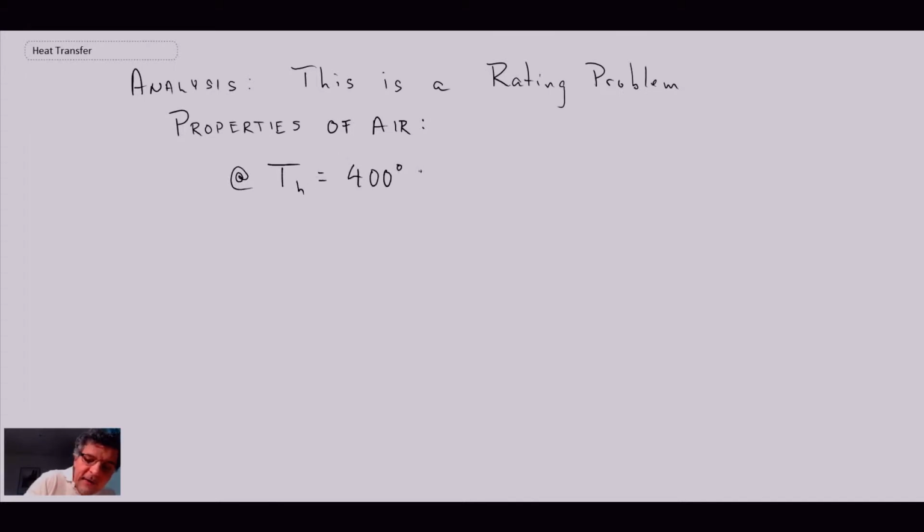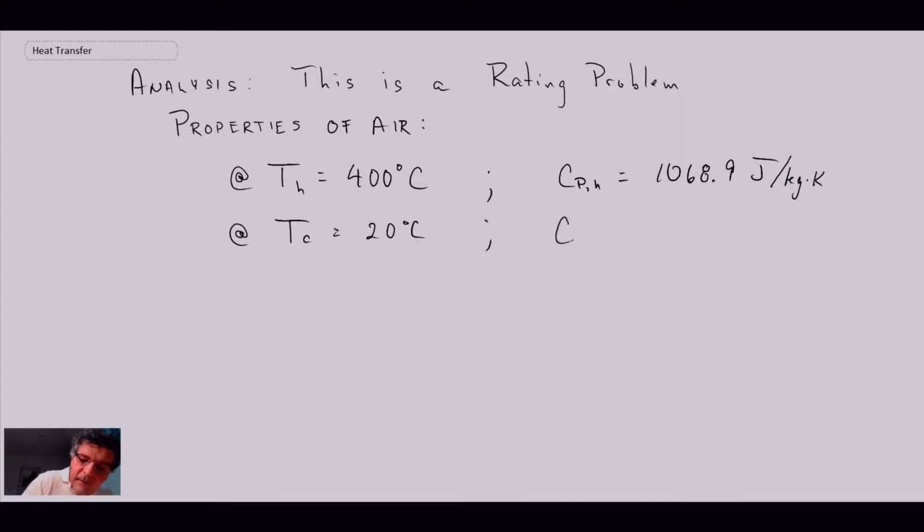We know the average will be lower, but this is a first step. We have to iterate this problem. And when you look up the values for the hot, and then for the cold fluid stream, we'll take properties at 20 degrees C.